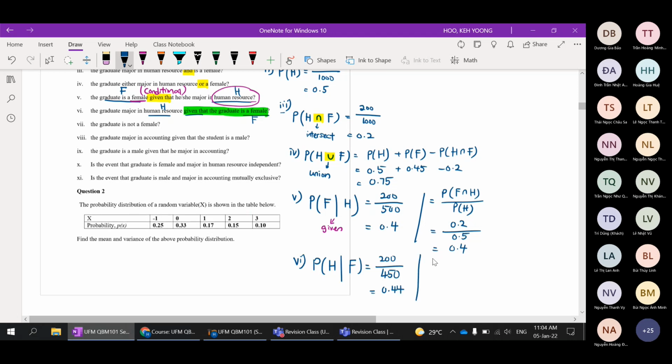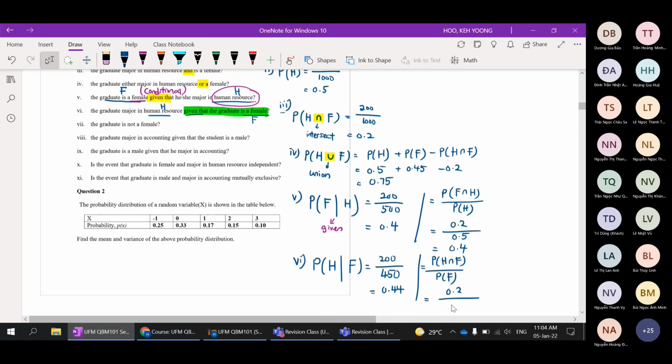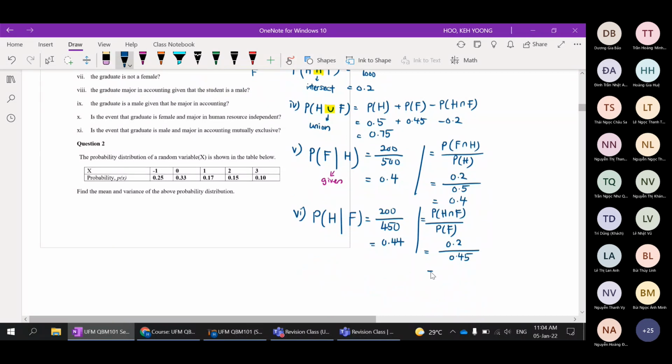Or you can use the formula: H intersect with F divided by P(F). H intersect with F, you got 0.2, divided by P(F), the probability for female, you refer back to the first question, 0.45. So you should get the same answer, 0.44.